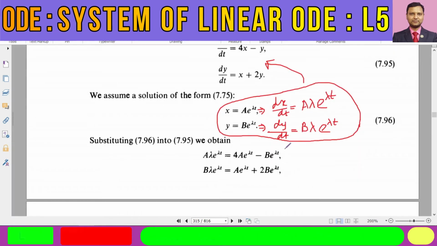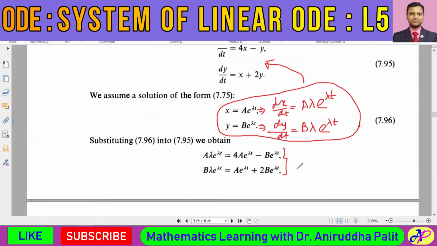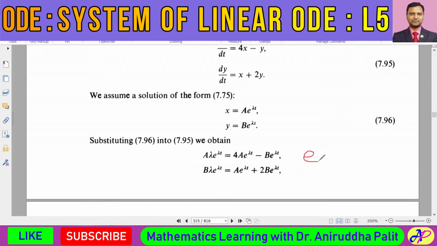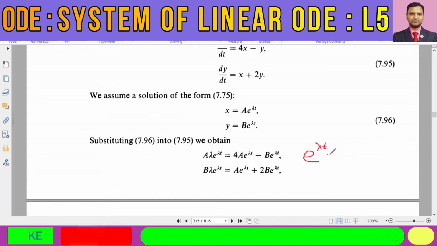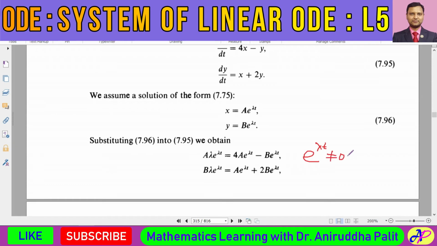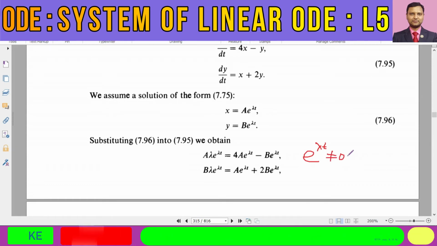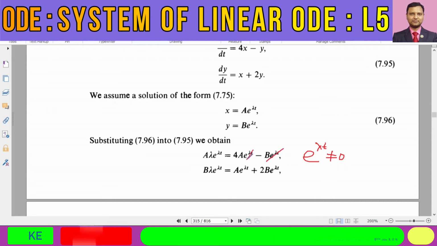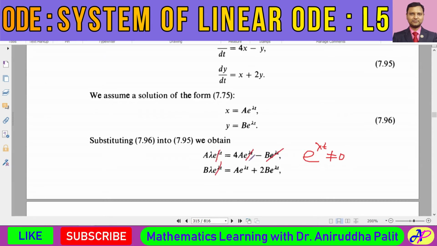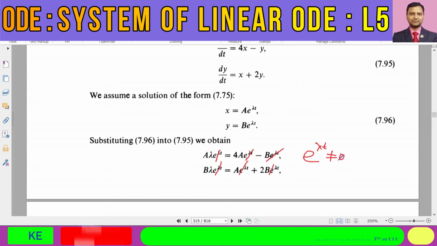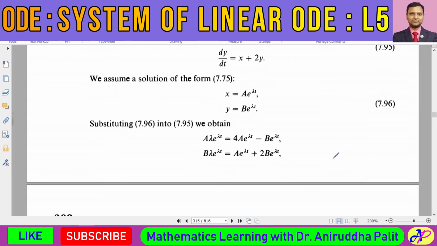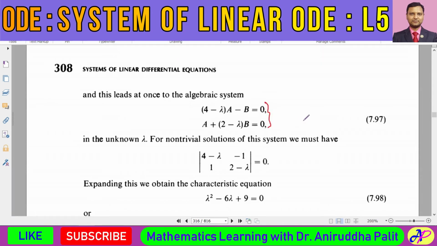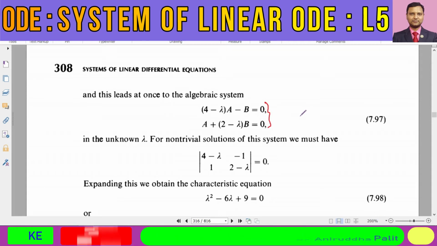We get these two equations, and because this e to the power of lambda t is never equal to 0 for any value of lambda and t, we can cancel e to the power of lambda t from both sides, and ultimately we will be able to have these two equations with two unknown quantities, capital A and capital B.